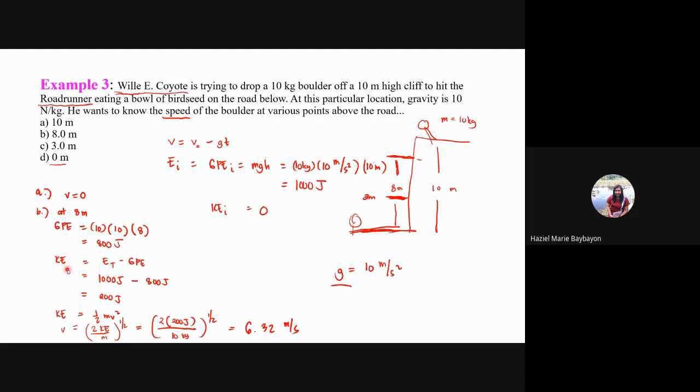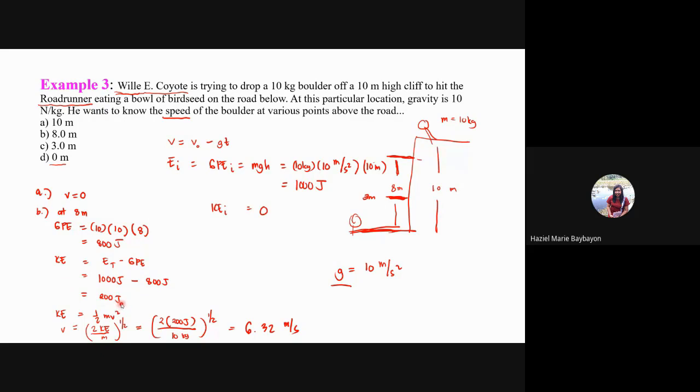The kinetic energy is equal to ET, the total mechanical energy, minus the gravitational potential energy. This is just simple subtraction. So you have kinetic energy is equal to 200 joules.